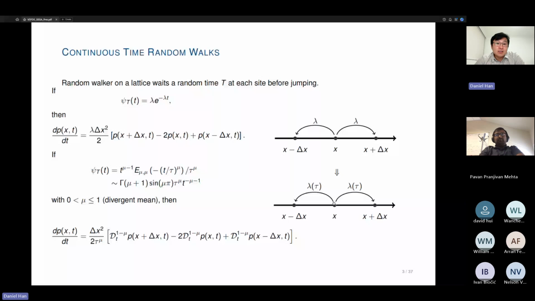The underlying mechanism. Now, if I say that the rate at which I jump out of a state also depends on my state itself, so where I am, in other words, every single position on that line now has a different waiting time of how I move, then you end up with the variable order case.